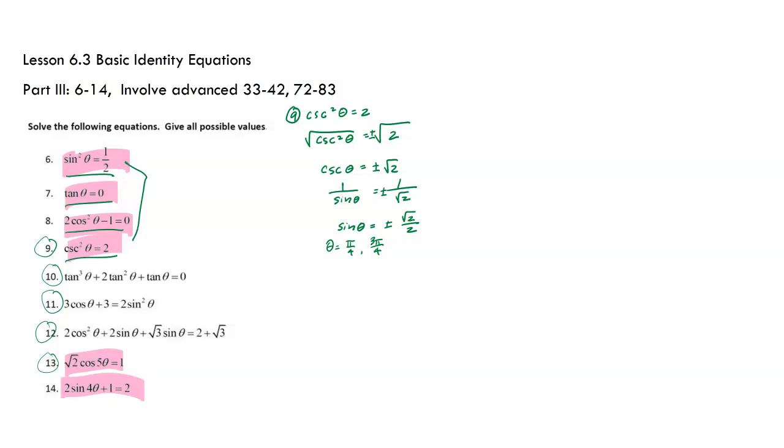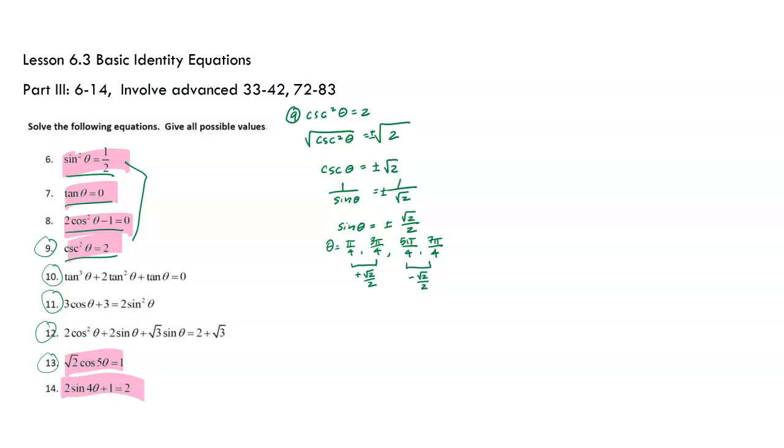Actually, it's all of them because it's plus or minus. So it'll be pi fourths and 3 pi fourths and also 5 pi fourths and 7 pi fourths. It's going to be all of those angles. These two are going to be plus square root of 2 over 2, and these two are going to be minus square root of 2 over 2.